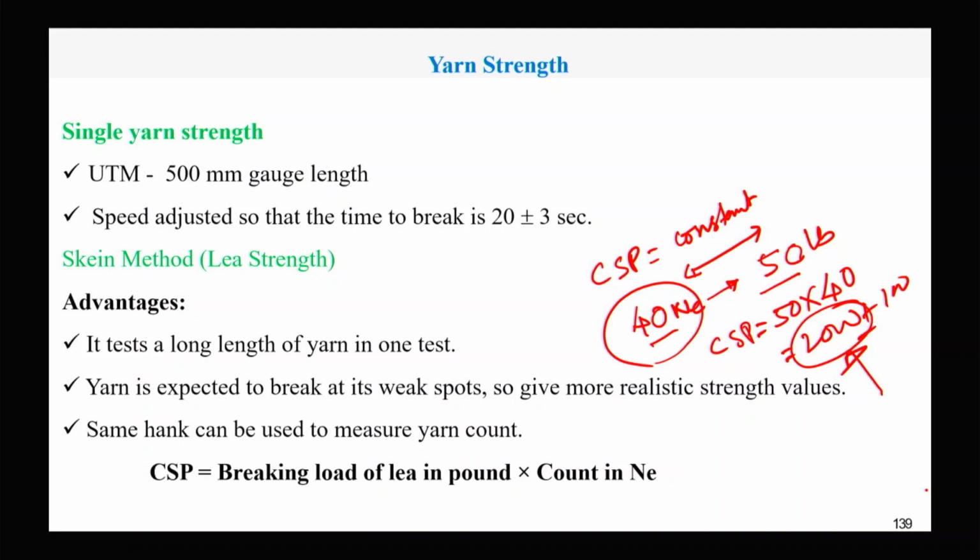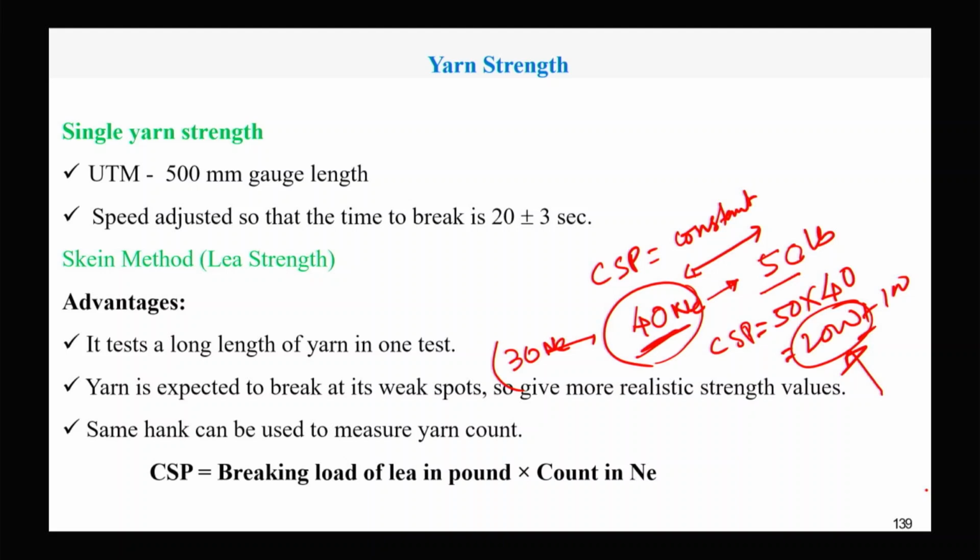Similarly, CSP also tells us about the count spinability. For a particular variety of cotton, a count range say 30 to 40, 30 any to 40 any, we can produce.